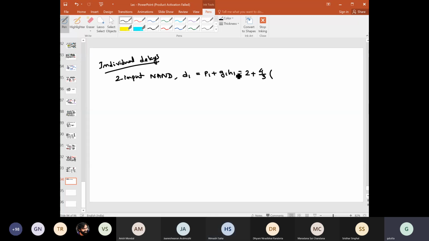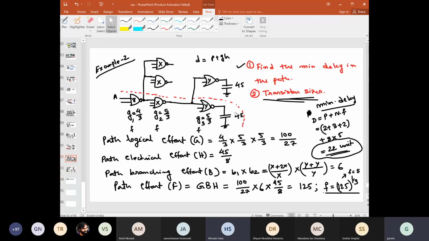What would be the value of H? 3x by 8. What is the value of x? 10. Okay, so see from here, you are right. What would be the value of H? For the output capacitance it is x plus x plus x, divided by the input capacitance.